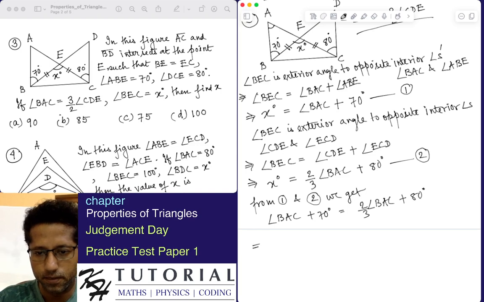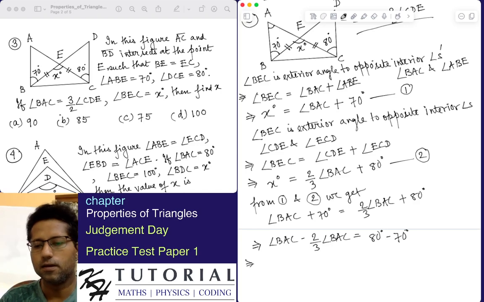This implies if we bring the angle BAC to the left hand side, we get angle BAC minus 2/3 angle BAC is equal to 80 degrees minus 70 degrees.